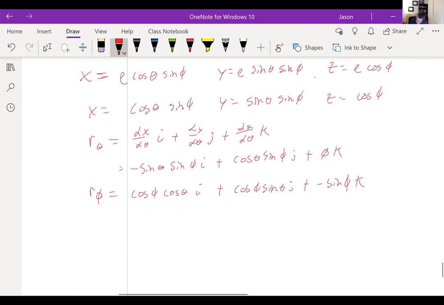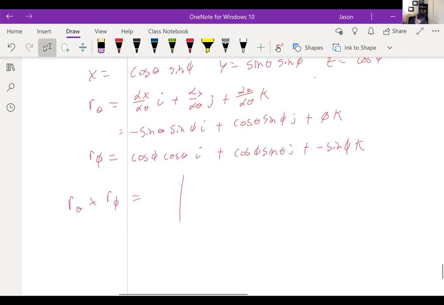Now what are we going to have to do? We're going to have to find the magnitude of the cross product of this thing. So let's cross r theta with r phi. Okay, i, j, k.